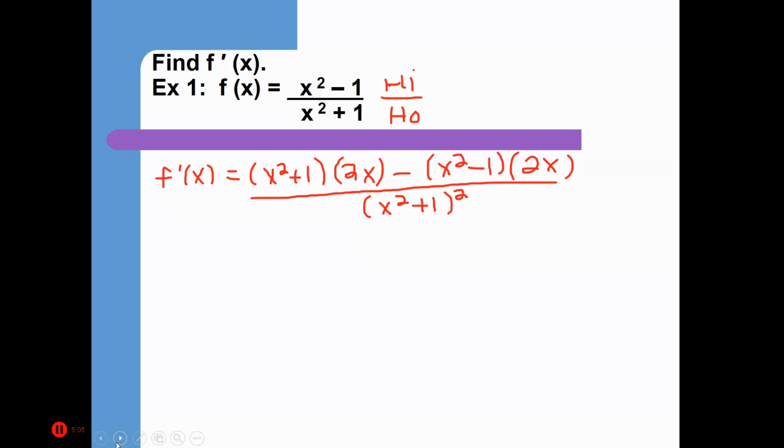At this point, we're going to distribute and clean up. The number one mistake students make is losing and distributing the negative.